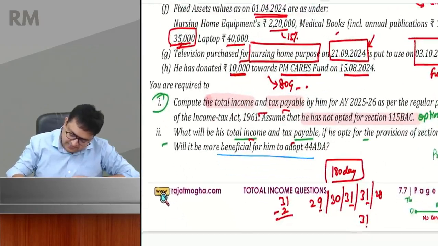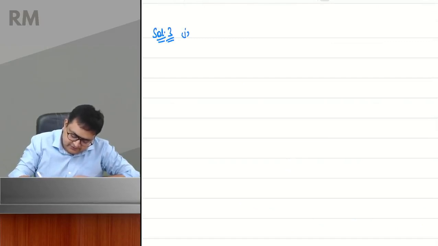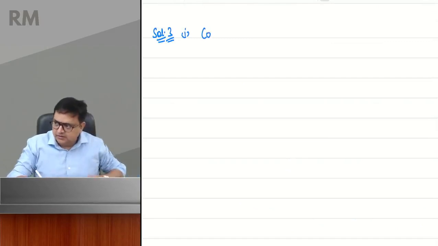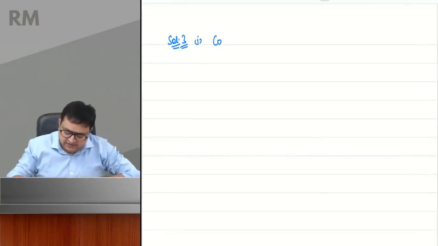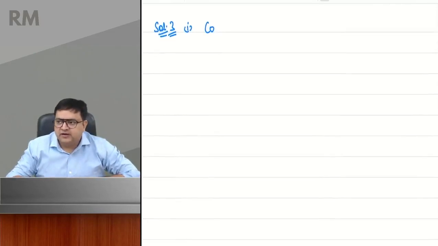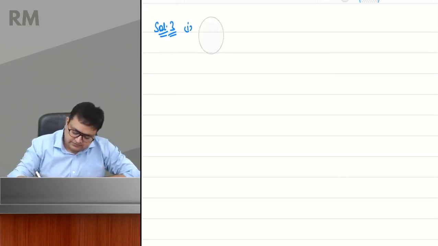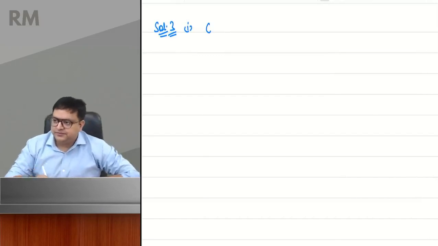Solution number 3. First, I am doing the first one. Normally, first, computation. Guys, has my screen got blurred at any time, or is it clear to everyone till now? It's clear. Very good.